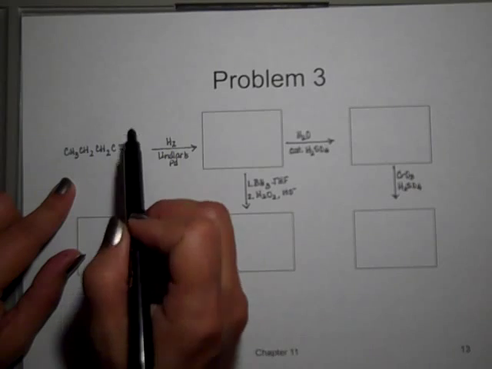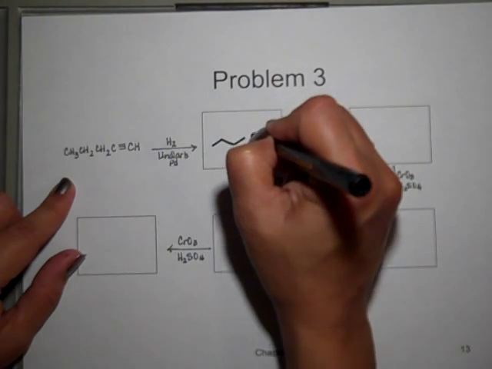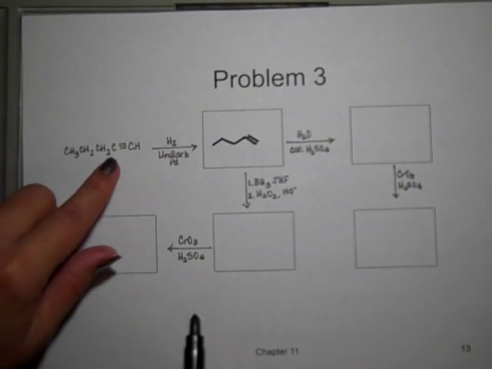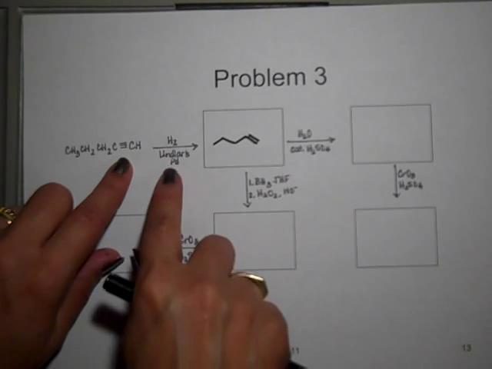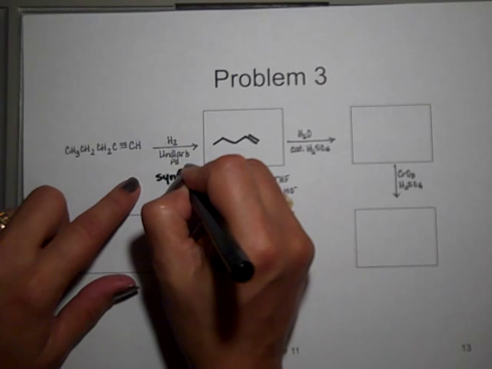1, 2, 3, 4, 5. I have 5 carbons. It reduced the triple bond to the double bond. This is a syn addition of hydrogens.